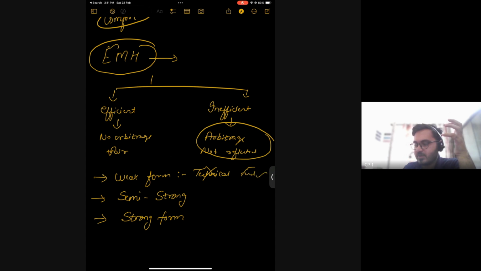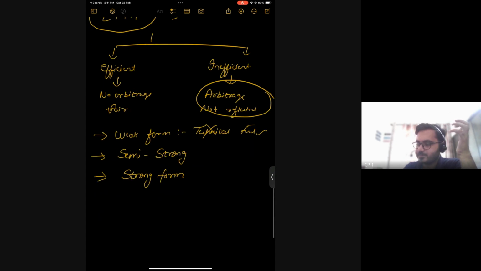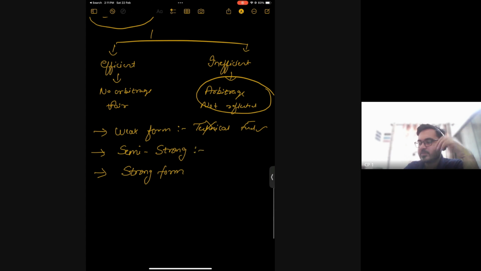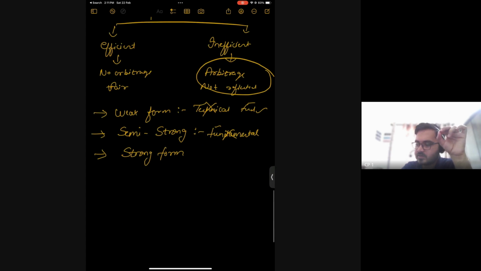Fundamental may work, but technical analysis is not going to work. Semi-strong form tells me that all the information is actually reflected in the stock prices immediately, which means even fundamental analysis is not going to work in this specific situation.